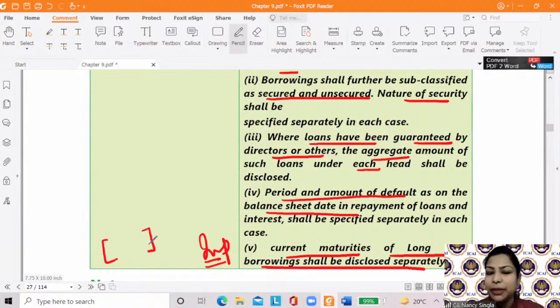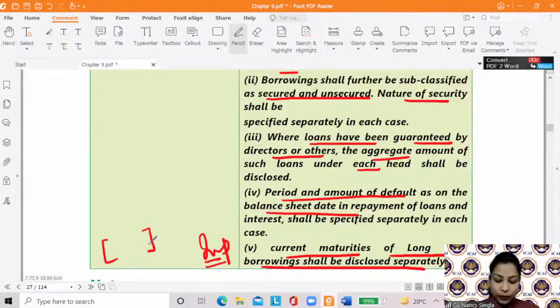So see, current maturities of long-term borrowings shall be disclosed separately. You can always be asked a true false question as to whether the current maturities of long-term borrowings will be disclosed under long-term borrowings. When students see current maturities of long-term borrowings, they are definitely going to write it in long-term borrowings, which is not correct. It will be shown under which head? Short-term borrowings. Very, very important.